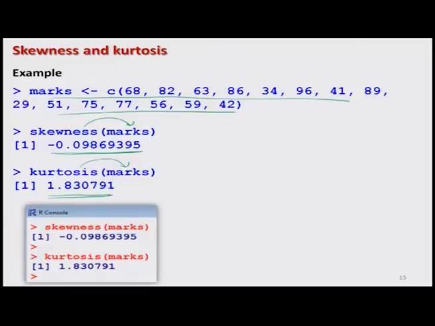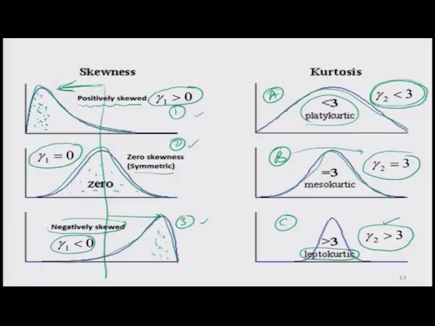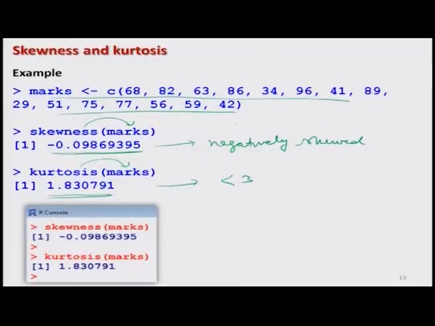So, based on that, what does this mean? This says that the data is negatively skewed. And what about this? This is smaller than 3. Smaller than 3 means what? Look here, this is platykurtic. So, I can say here that in this case the distribution is platykurtic.